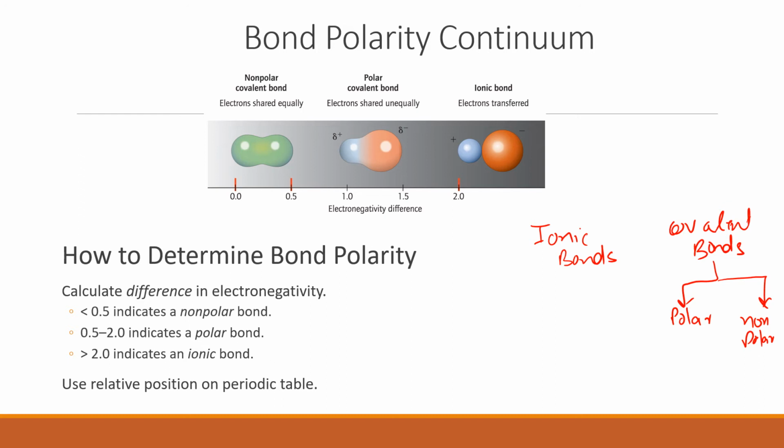We have learned that these three kinds of bonds are part of a continuum that spans from non-polar covalent bond at one end all the way up to ionic bond at the other end. Non-polar bonds have equally shared electrons between them, because the difference in electronegativity between the two atoms is negligible.